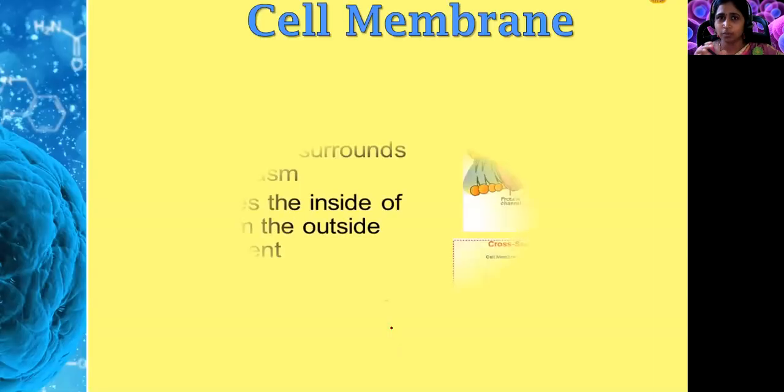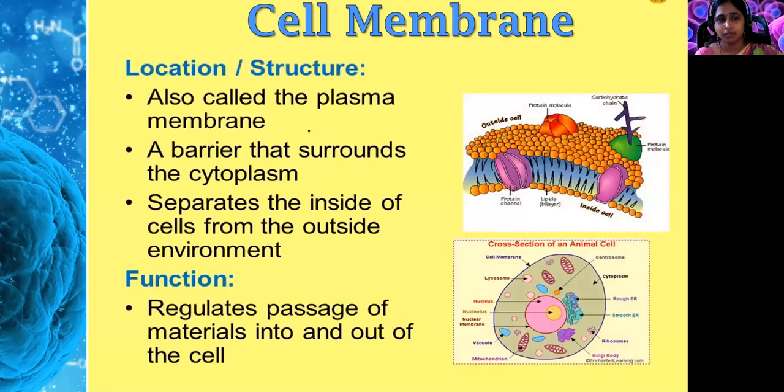Just an overview about this plasma membrane. If you see the location, it's just outside and acts like a barrier, as I said. The cell membrane is otherwise called the plasma membrane. It separates the inside and the outside content of the cell, and its major function is to regulate the passage in and out of the cell.